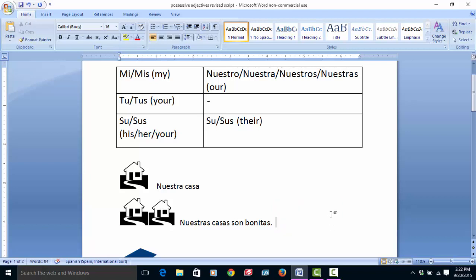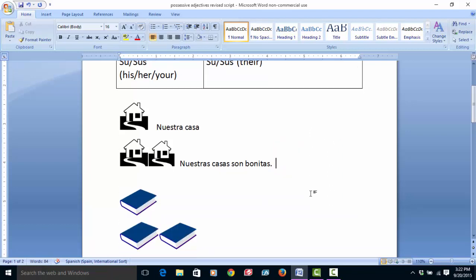All right, but what if we have something masculine? So let's go here to libro. If we want to say our book, well, now our book is masculine. It ends in O. Nuestro libro. Nuestro libro es azul.